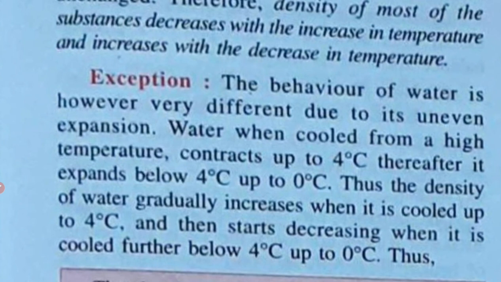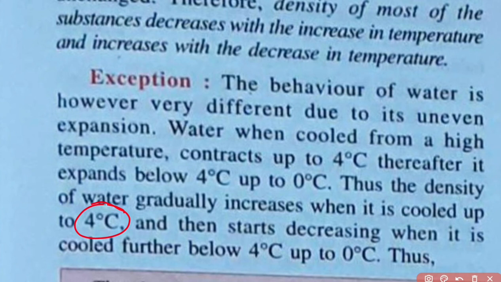Thus the density of water gradually increases when it is cooled up to 4 degrees Celsius and then starts decreasing when it is further cooled below 4 degrees Celsius up to 0 degrees Celsius. So at 4 degrees Celsius the density of water is maximum, because above 4 degrees Celsius again the density starts decreasing.